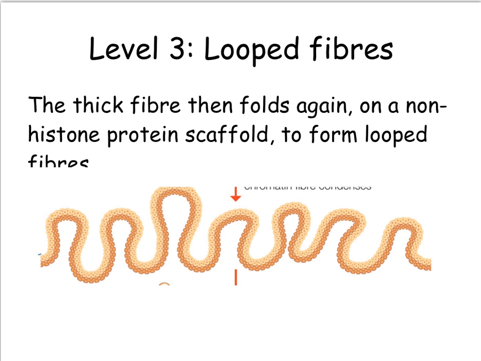So if you think of this bit here, this is like the packaged bit that we had before with all these histones. They're all packaged together, and that group then forms itself into these looped fibres.